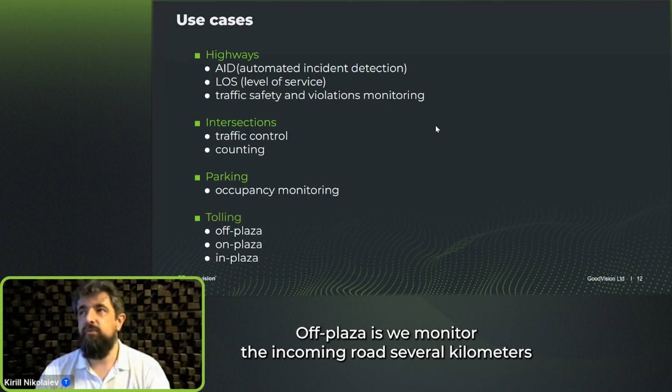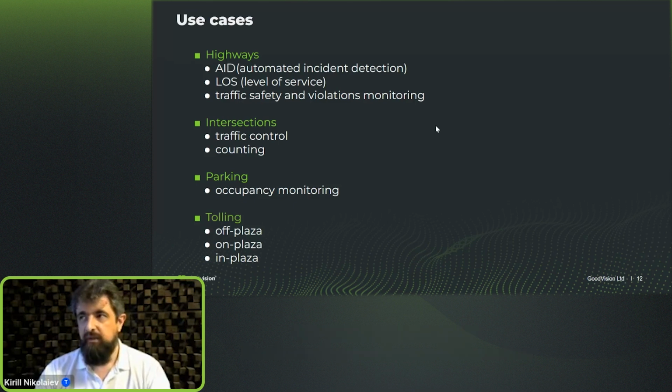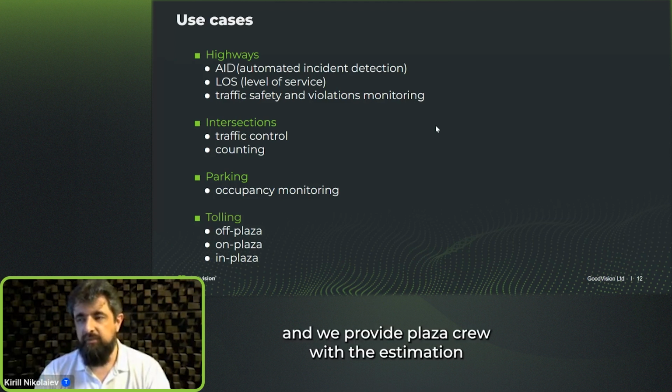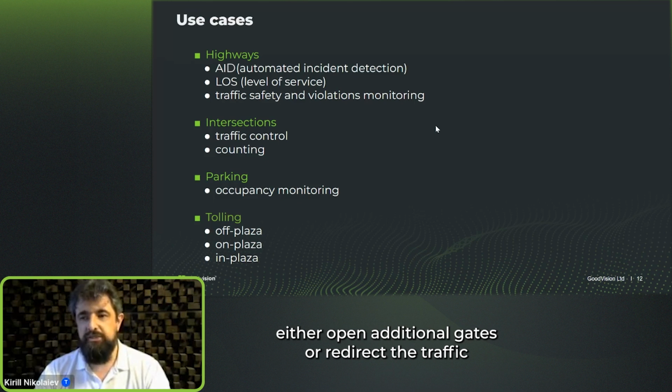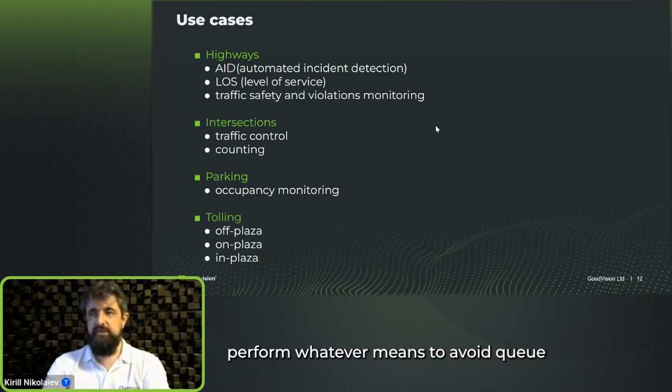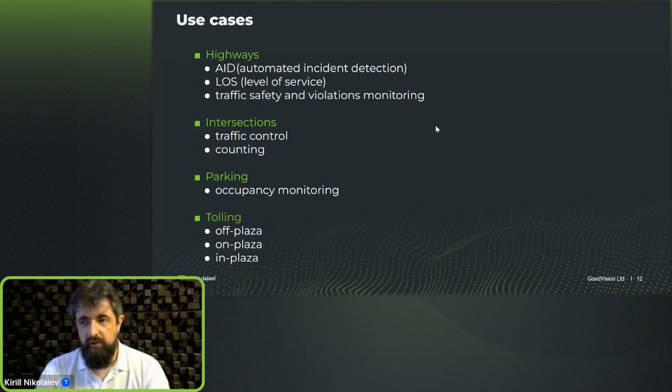Off plaza is we monitor the incoming road several kilometers to the plaza, to the toll gate, and we provide the plaza crew with an estimation on service demand, so they could either open additional gates or redirect the traffic or perform whatever means to avoid a queue building up in front of the plaza.